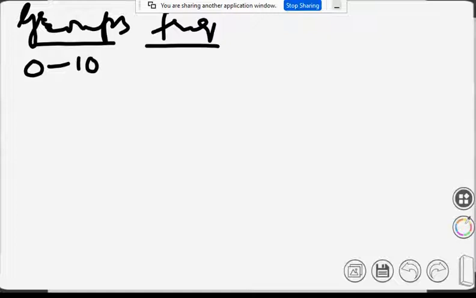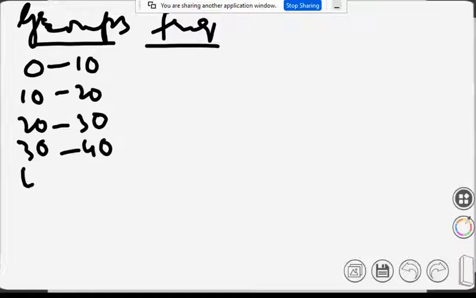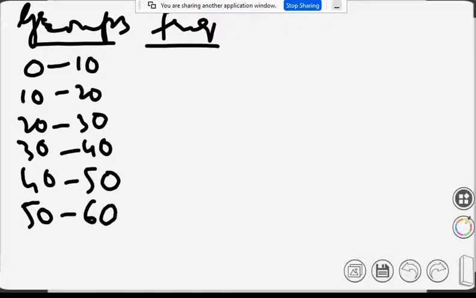So what we have got is groups 0 to 10, then 10 to 20, 20 to 30, 30 to 40, 40 to 50, and 50 to 60.